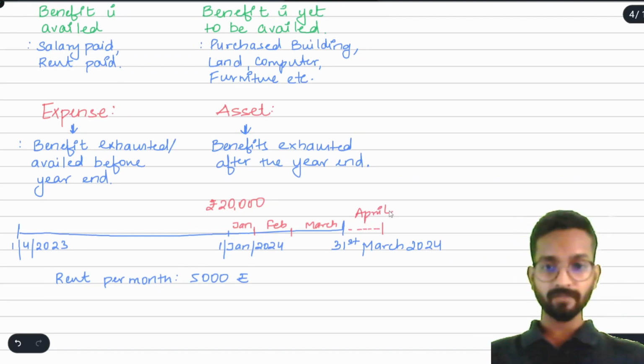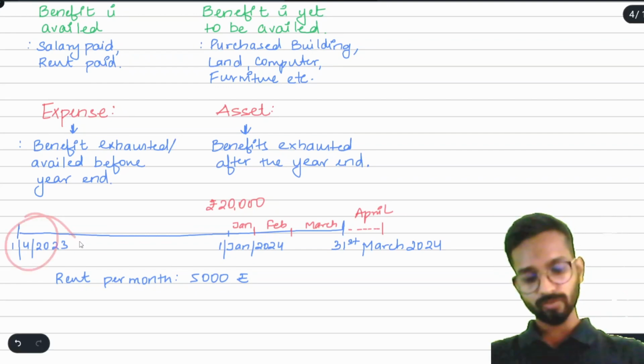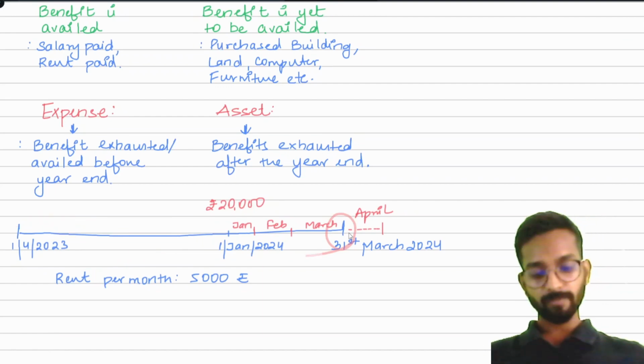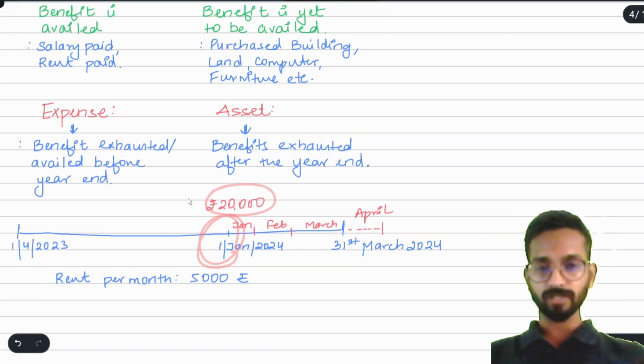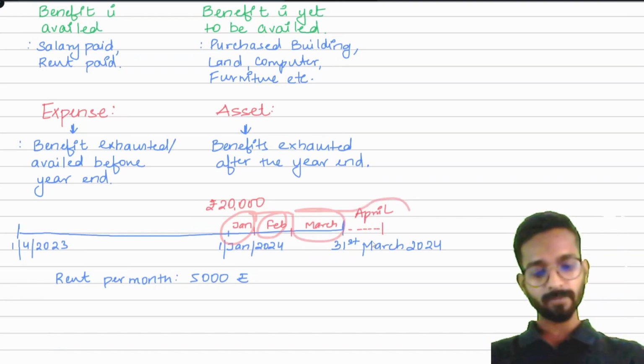Now understand very carefully. Our year was 1st April 2023 to 31st March 2024. Simple enough. I have made a payment on 1st January 2024 of 20,000 rupees. Rent per month was 5,000, so 5,000 for Jan, Feb, March and then April.